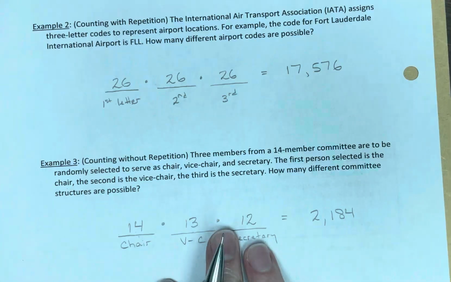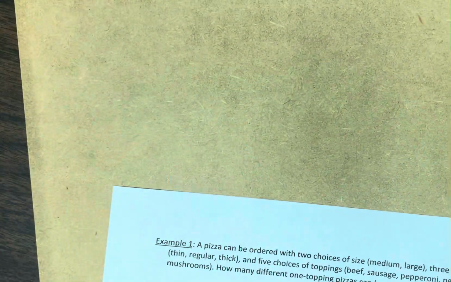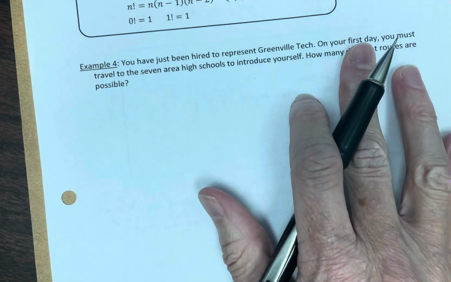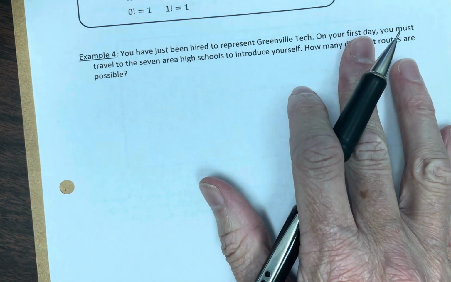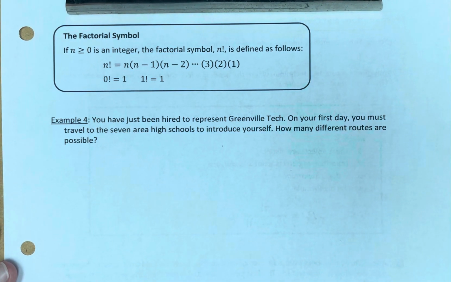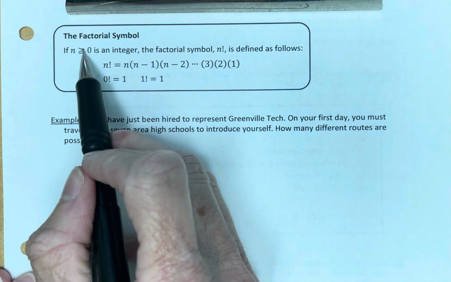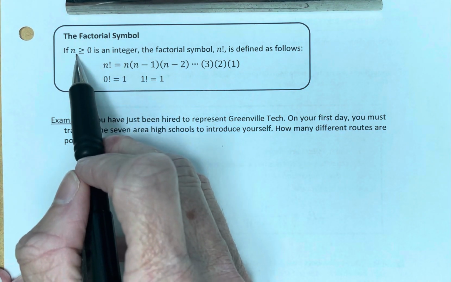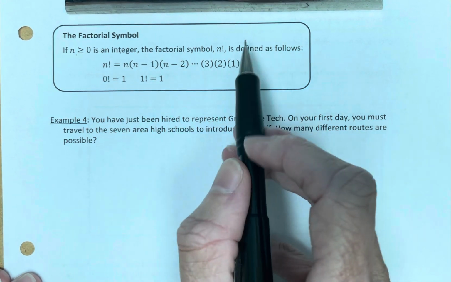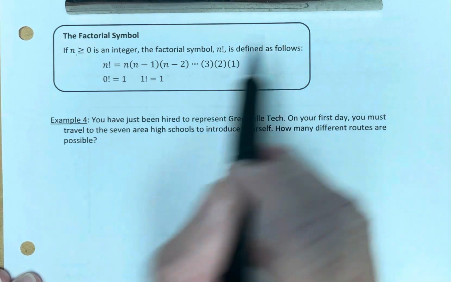Okay, let's introduce a math term that we've kind of been using, called the factorial symbol. Again, chances are good you've seen it. Perhaps maybe this one in early high school math courses. If n, which is greater than or equal to 0, is an integer, the factorial symbol n factorial is defined as follows.